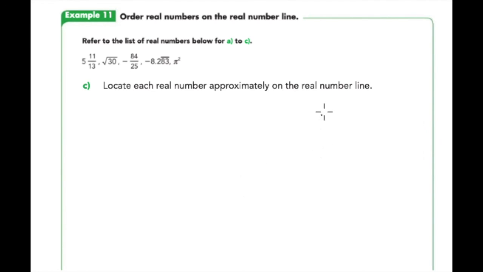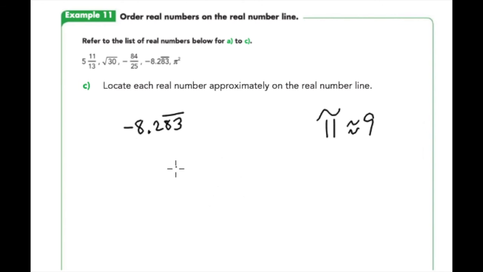We said our biggest number was pi squared, and that's approximately 9 something. And our smallest number was the negative 8.283 repeating.